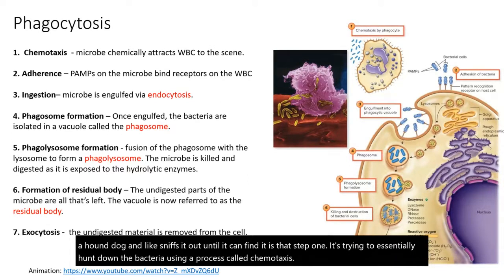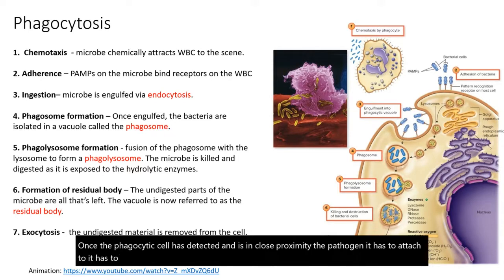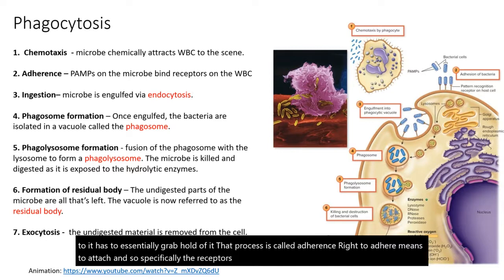Once the phagocytic cell has detected and is in close proximity to the pathogen, it has to attach to it. It has to essentially grab hold of it. That process is called adherence. To adhere means to attach. Specifically, the receptors on the phagocytic cell attach to PAMPs on the pathogen.